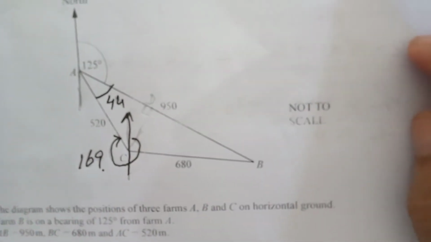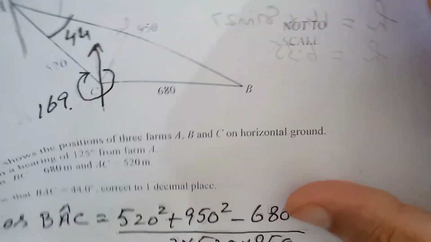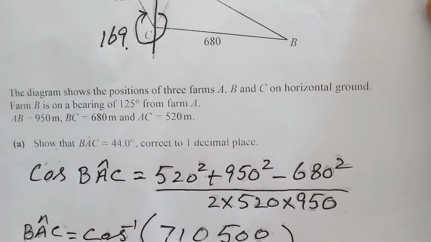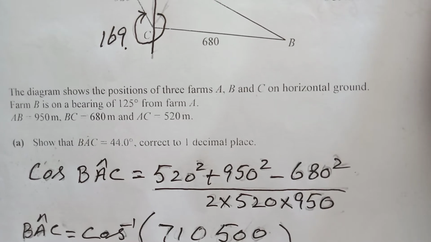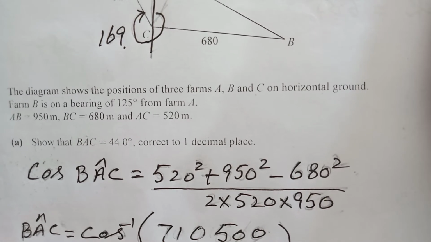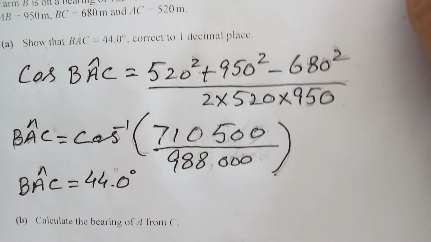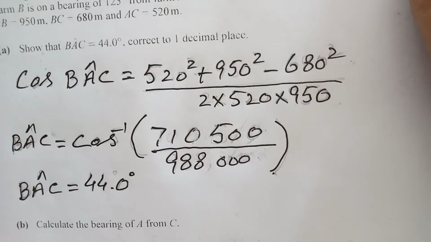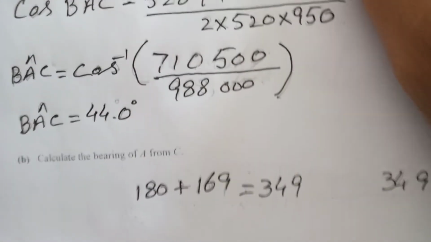Now in the next part of the question paper, this is question 9. He has given you a triangle, dimensions are written over there. So first he is asking to prove that the angle BAC is equal to 44.0 degrees. By applying the cosine rule, this will be proved using calculator and working, so you will get BAC equal to 44.